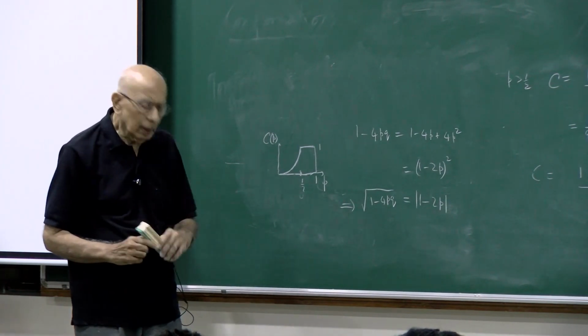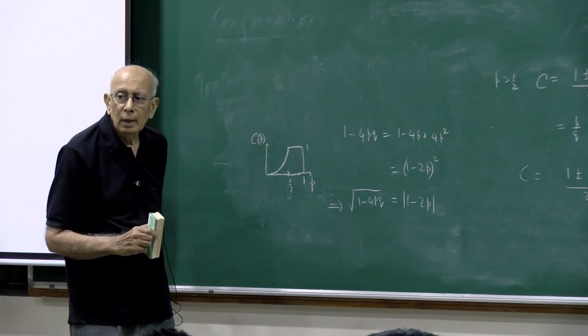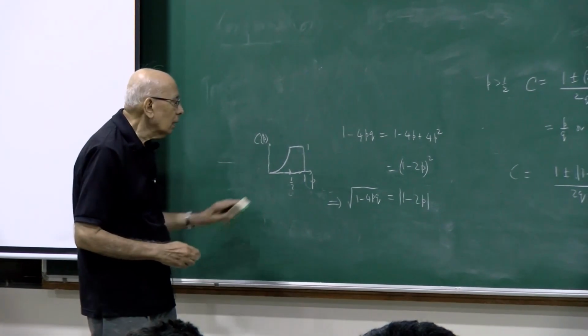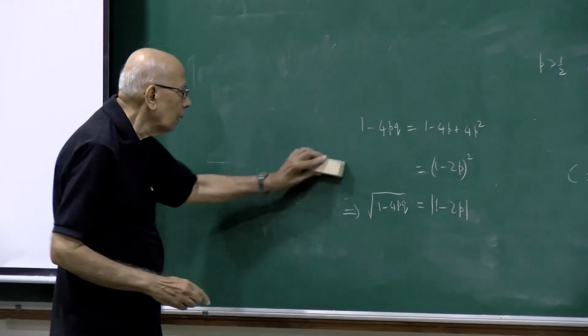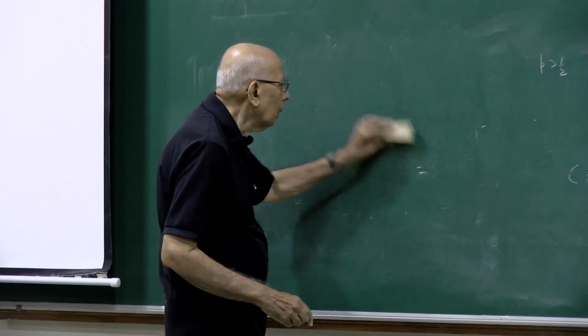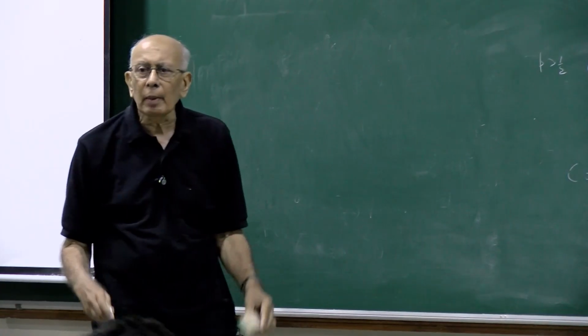Tell me, how big is the atmosphere? How high does the atmosphere extend? About 10 kilometers. Can we deduce that? Let's do it by dimensional analysis. What are the parameters in the problem?